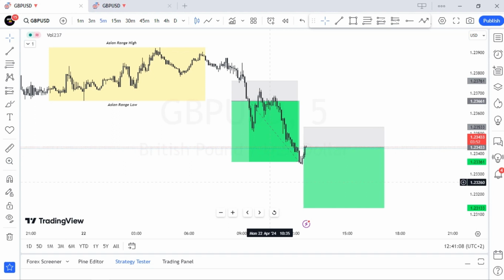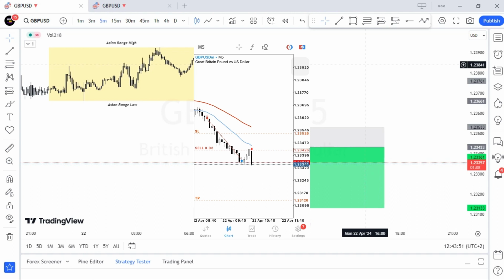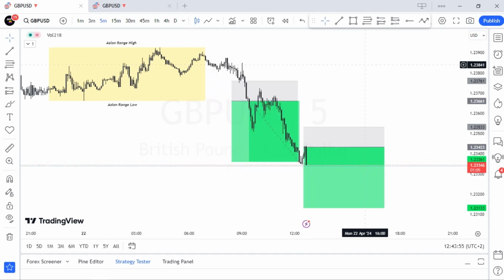If I lose this trade, it's going to minus from the previous order that I entered. So yeah, as you can see now, it's moving, dropping nicely.